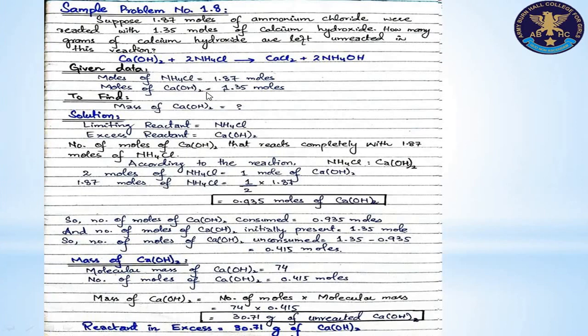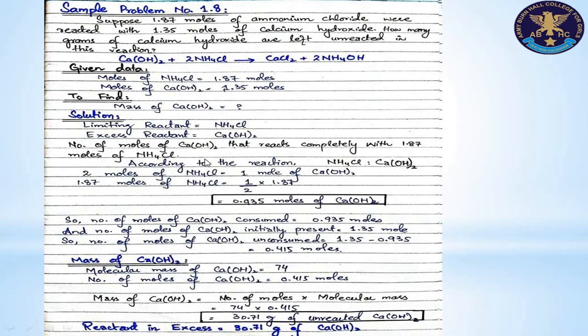So if we have 1.87 moles of ammonium chloride, it will be 1 divided by 2, the conversion factor, multiplied by 1.87. After solving this, the moles of calcium hydroxide which react with the ammonium chloride is equal to 0.935 moles. These are the moles which are consumed in this reaction.